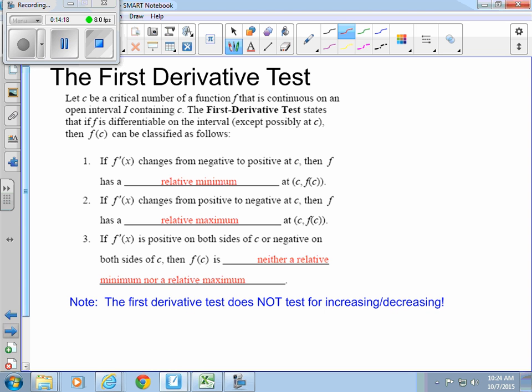If f prime changes from negative to positive at c, so everyone watch, f prime, negative to positive, what are you going to get? A relative minimum, because you go from decreasing to increasing, so we'll get that bottom out point. Does that make sense? If f prime changes from positive to negative at c, then you get a maximum. If it doesn't change signs, then you get neither a maximum nor a minimum. So this is just officially the first derivative test on how you can test using the first derivative for maxes and mins.